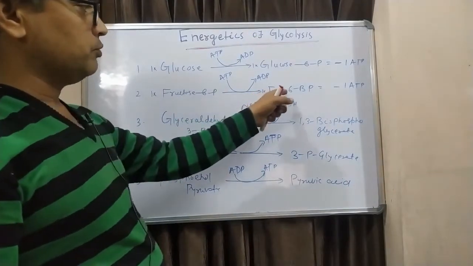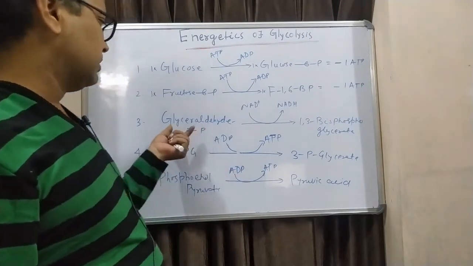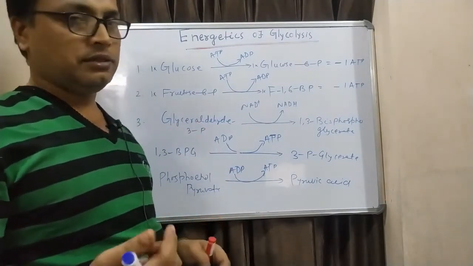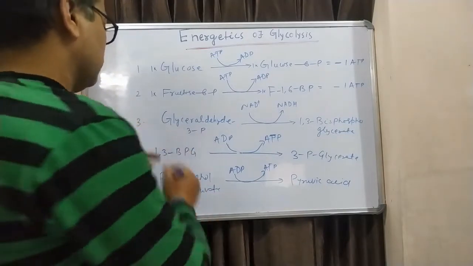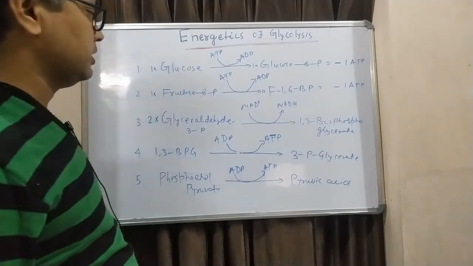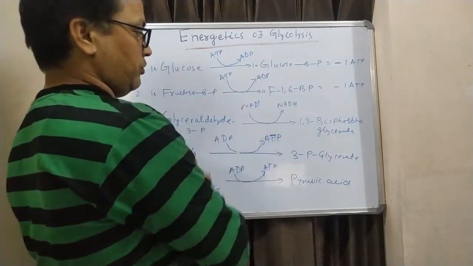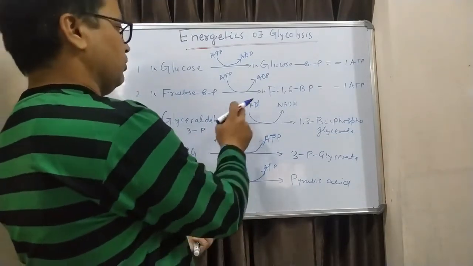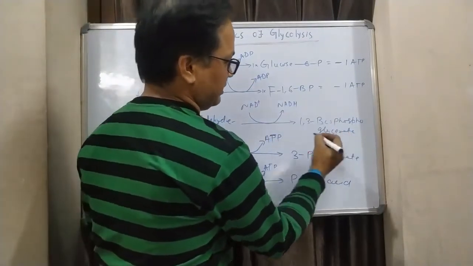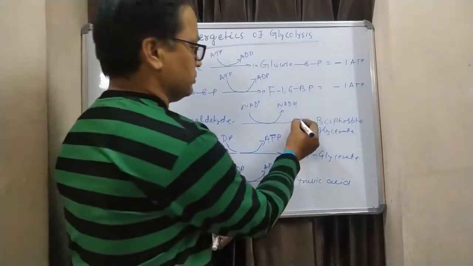This fructose 1,6-bisphosphate was divided into 2 molecules: one was glyceraldehyde 3-phosphate, the other one was dihydroxyacetone phosphate, by the reaction catalyzed by aldolase. So ultimately in glycolysis we have got 2 molecules of glyceraldehyde 3-phosphate. One molecule uses 1 NAD plus, so 2 molecules will use 2 NAD plus, and we will get 2 molecules of NADH, and ultimately 2 molecules of 1,3-bisphosphoglycerate will be produced.